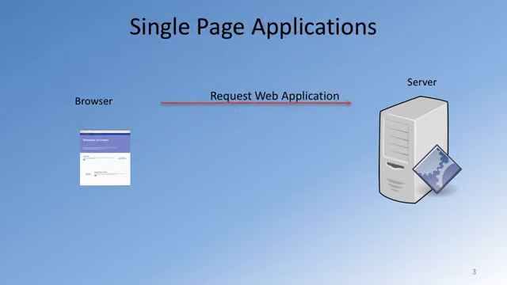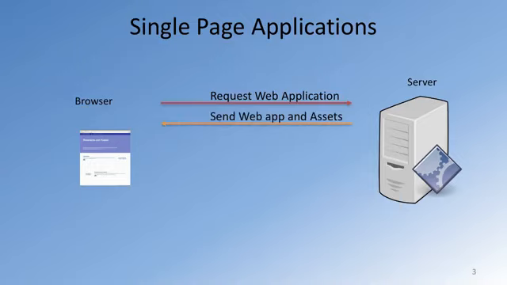In a single-page application, typically we have developed a web application. So when the browser navigates to the website, it will request the web application to be downloaded from the server side. This would be, for example, contained in a master page like index.html, which will trigger an entire set of assets that are required for rendering your web app to be downloaded to your client side.